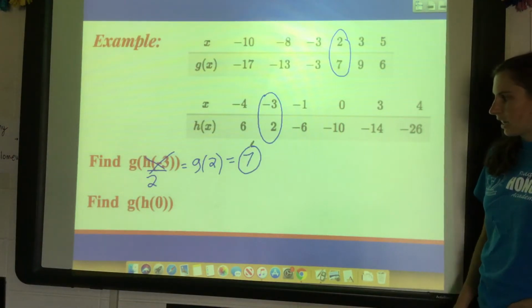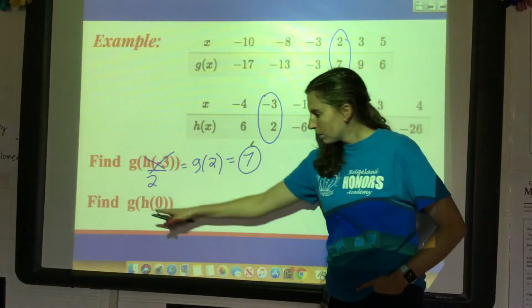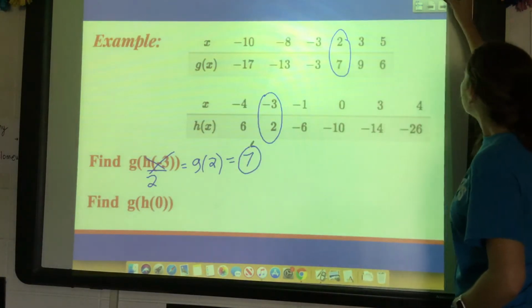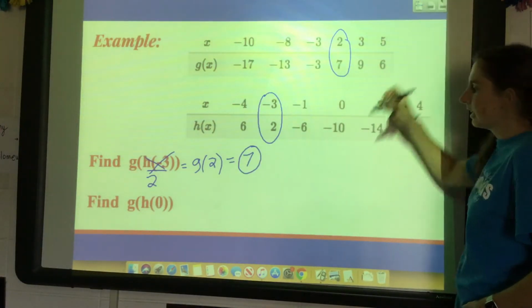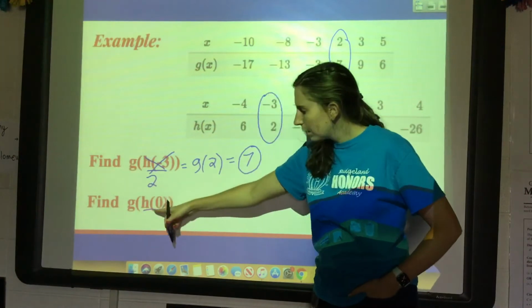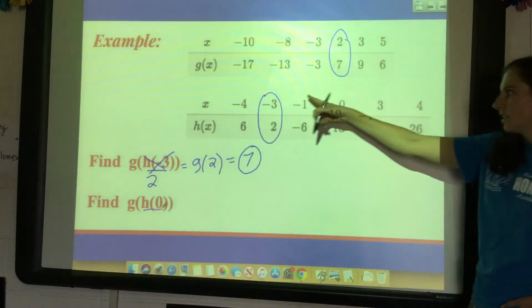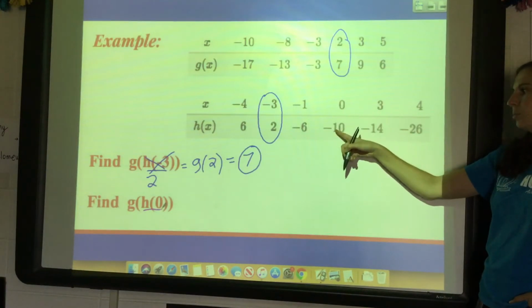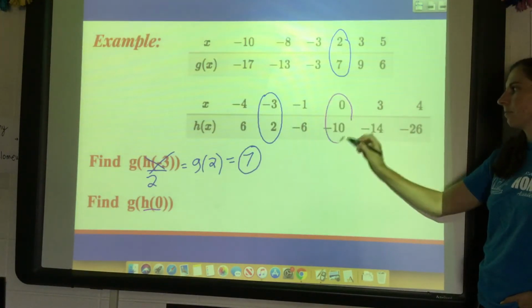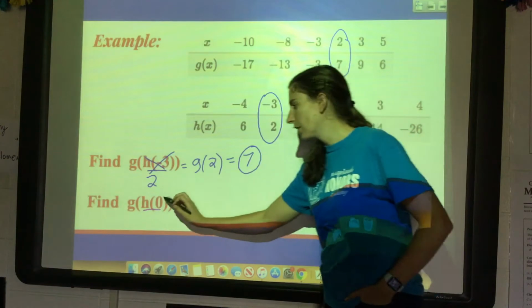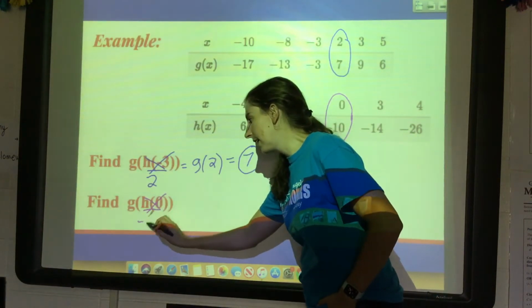Let's try another one. So h of 0 means we're going to find the h function and go where the input is 0. So here's the h function. This is an input of 0. The output is -10. So this evaluates to -10.